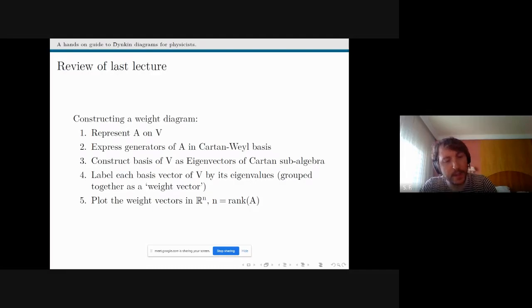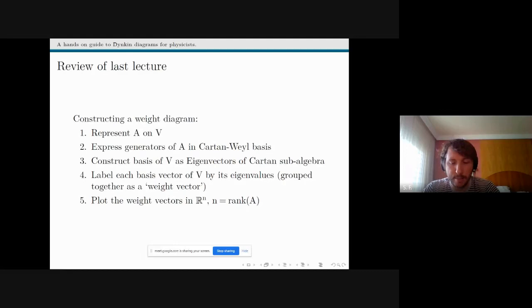So in particular, rather than an algebraic approach, I'm going to be taking a much more geometric approach, which avoids a lot of the calculations that we had to do last time. So that circumvents the first objection. And secondly, I want to introduce Dynkin diagrams.